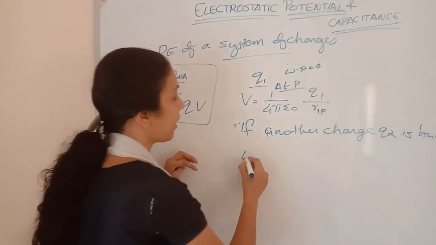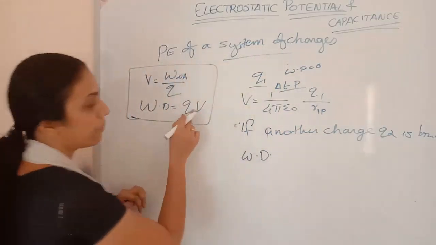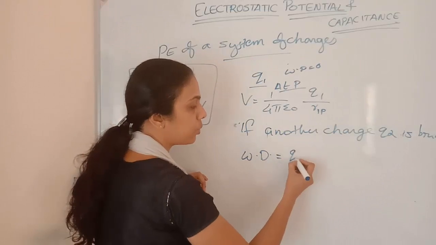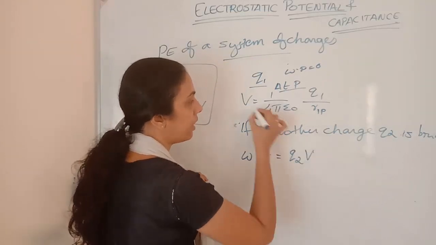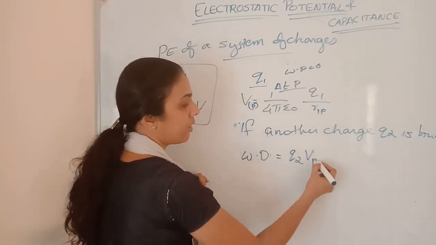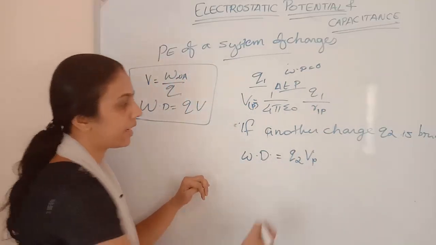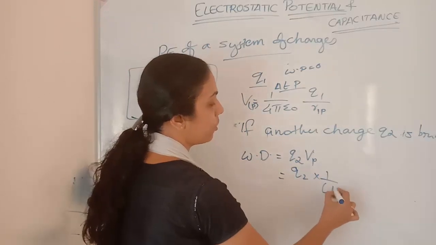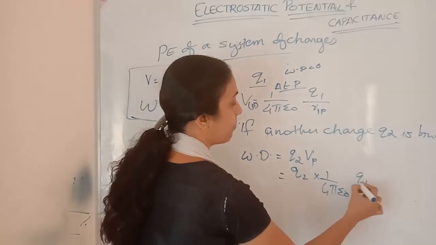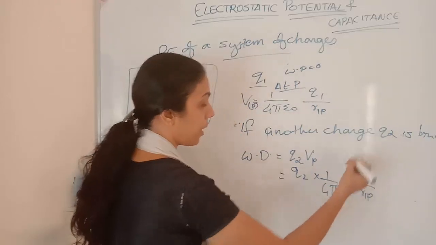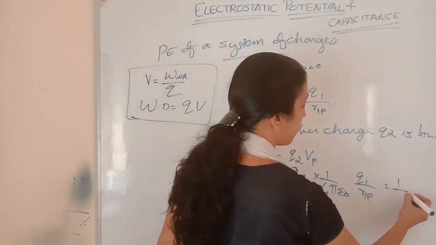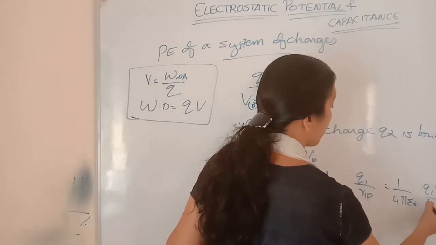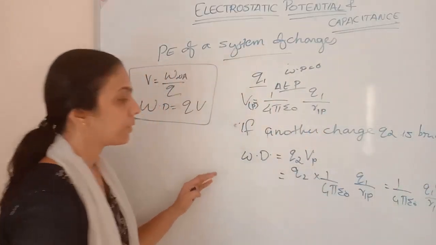How can we find this work done? Work done will be equal to Q into V. I am bringing the charge Q2, and V at P we already have. So the work is Q2 into 1 by 4 pi epsilon 0 Q1 by R1P, which I can write as 1 by 4 pi epsilon 0 Q1 Q2 divided by R1P. Clear?